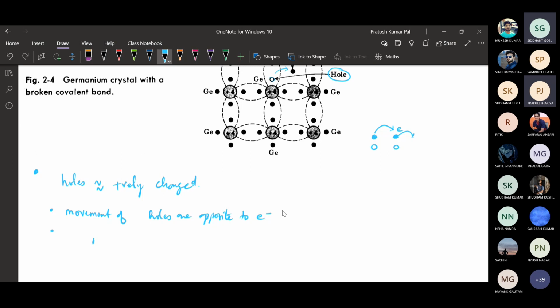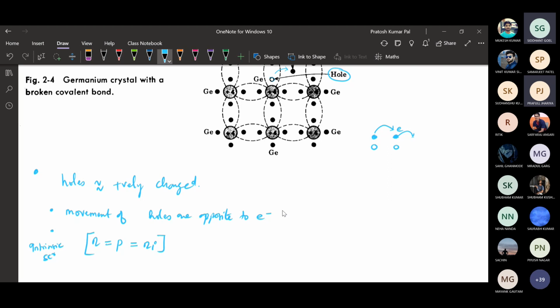That means if n is the number of electrons and p is the number of holes, then in an intrinsic semiconductor, it is electrically neutral, so the number of holes and the number of electrons will be equal, and this is equal to the term called Ni.